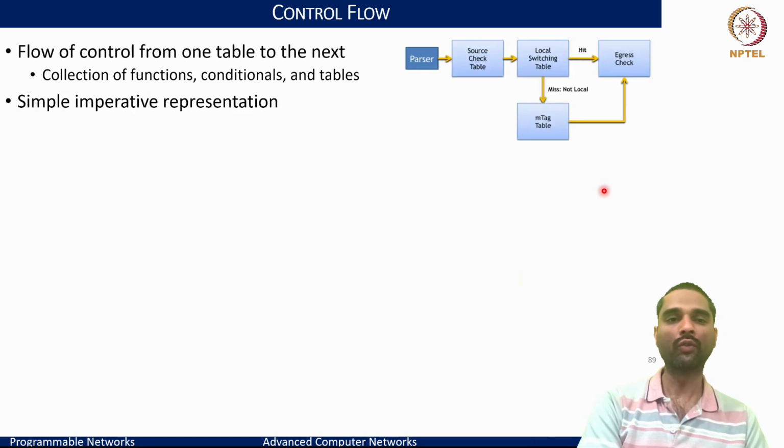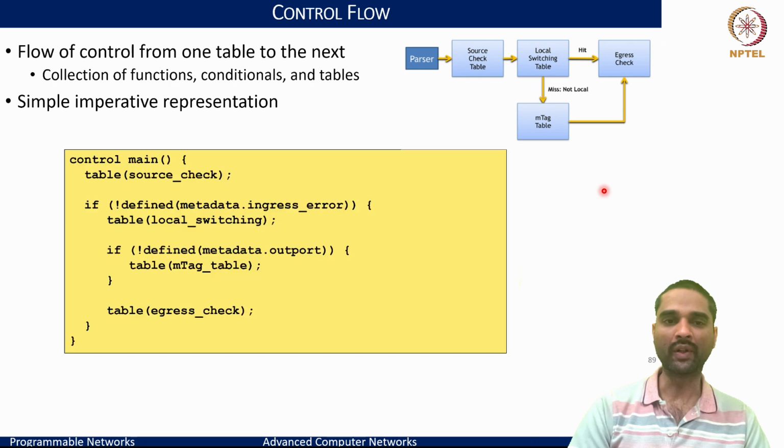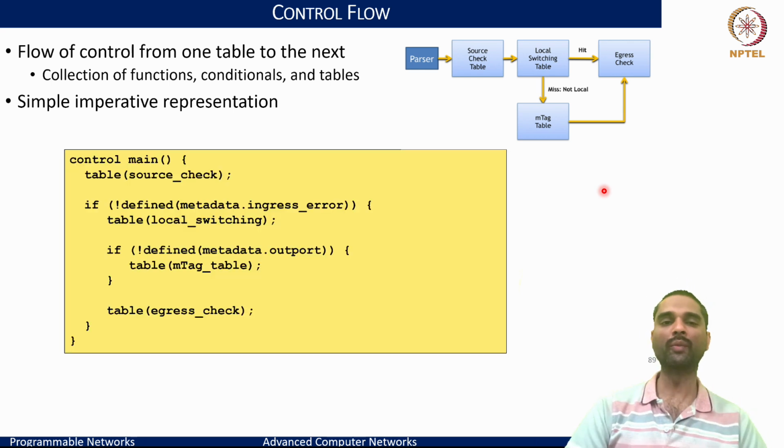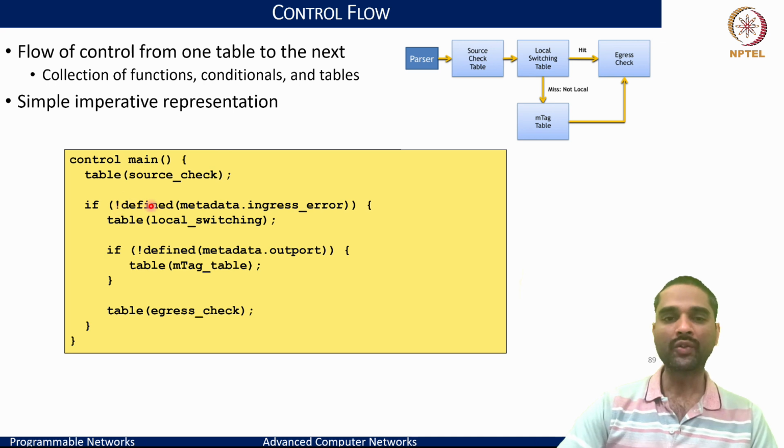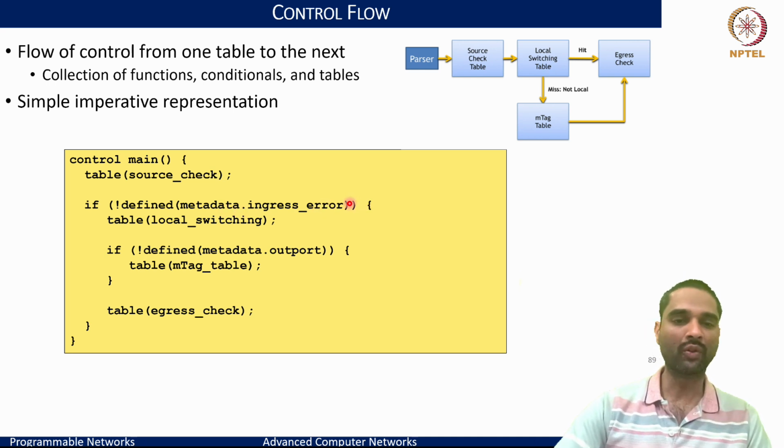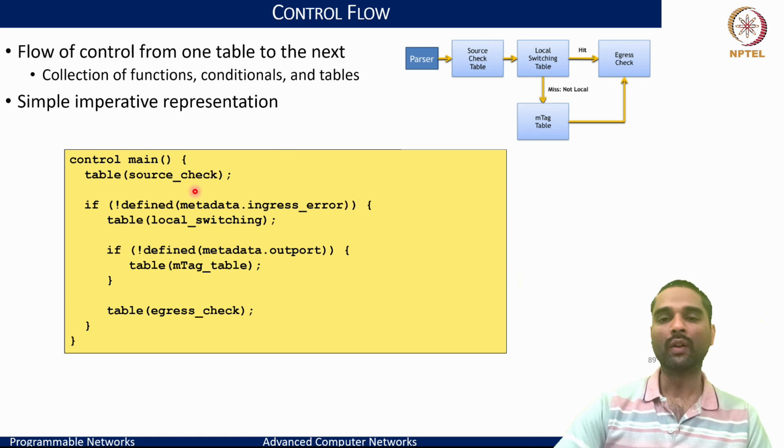So the control flow, its simple representation: you first do the source check table, and if there is no defined metadata, then we can see that that's an ingress error because we are not able to proceed.